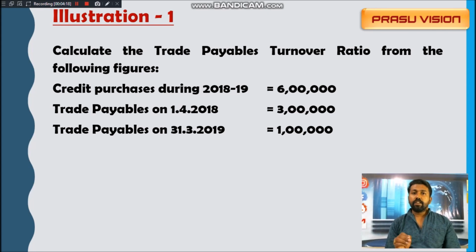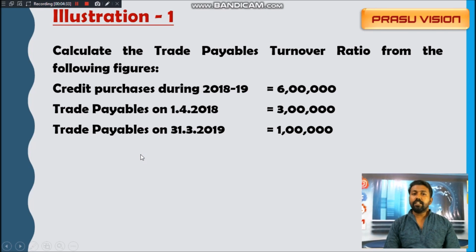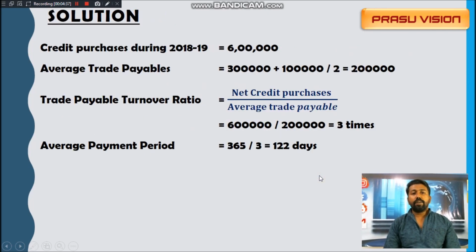First we calculate the average trade payable: average trade payable is equal to the opening year's value, 3 lakh, plus the closing year's value, divided by 2. So we get the average trade payable, that is 2 lakh.